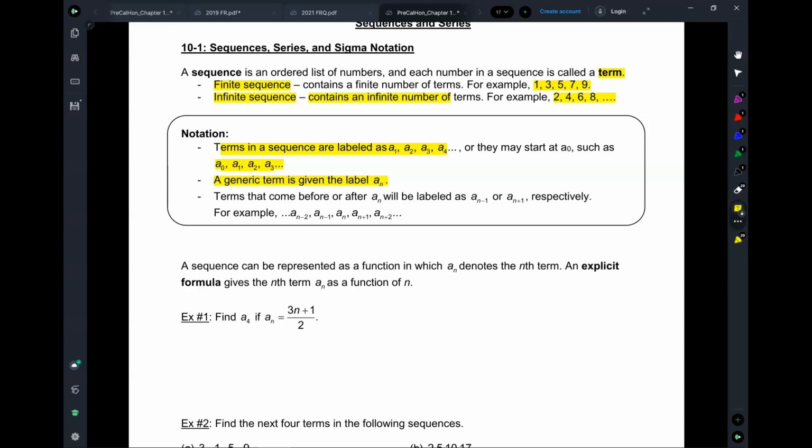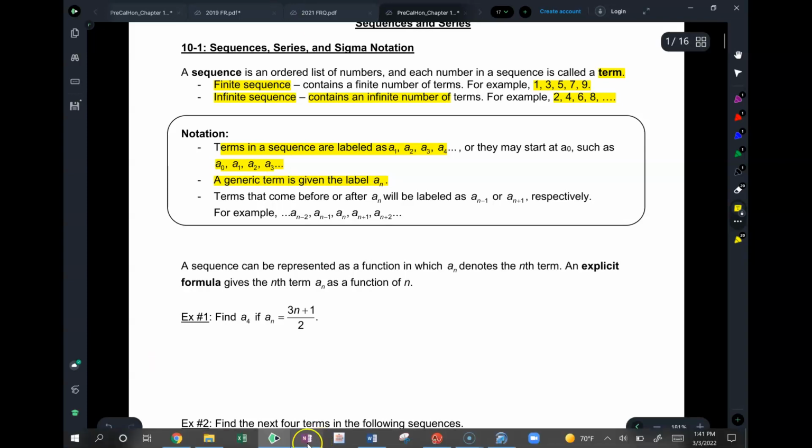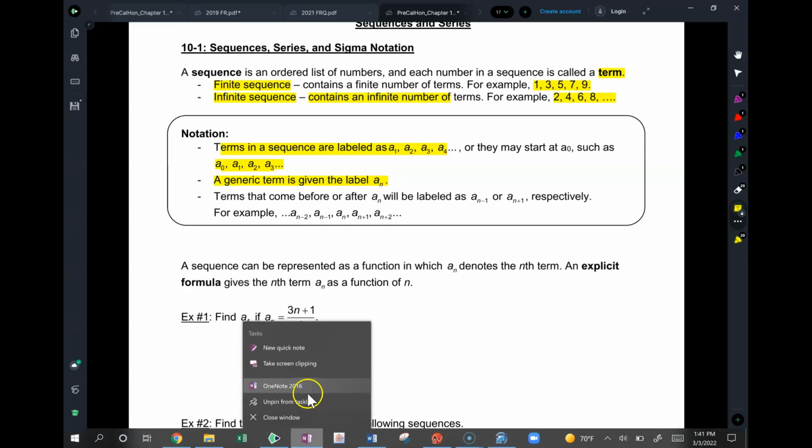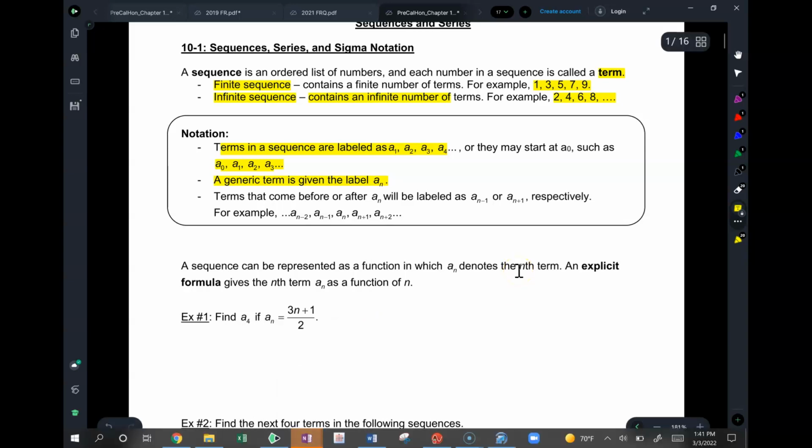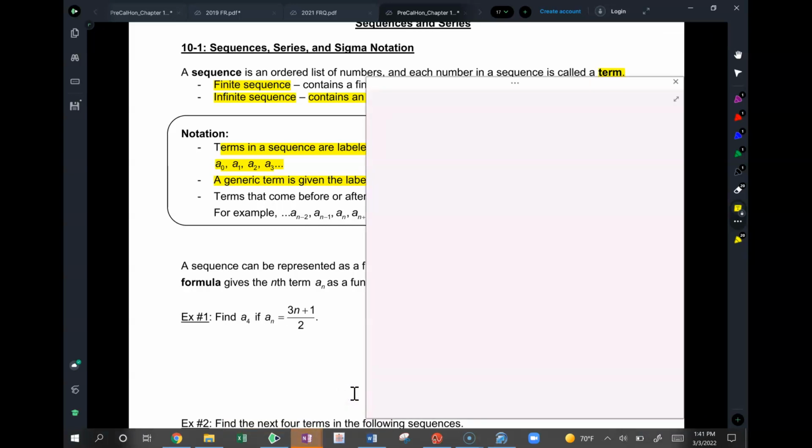All right. Now, how do we call terms that come before or after something? So, for example, if you have a sequence, and it's 1, 3, 5, 7, 9, 11, 13, 15, 17, right?